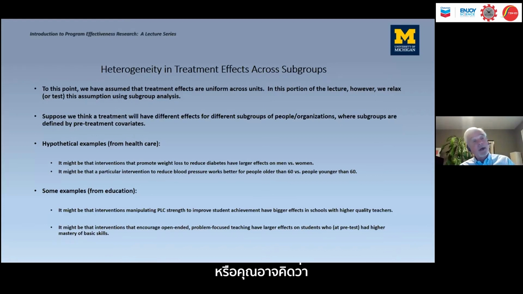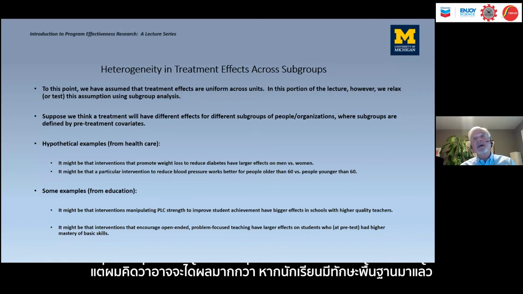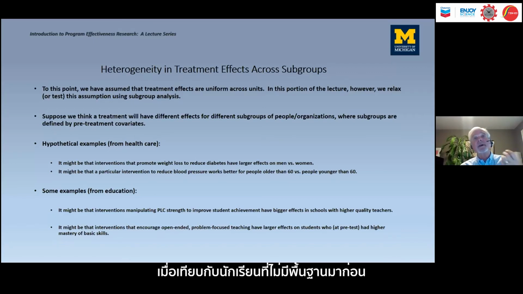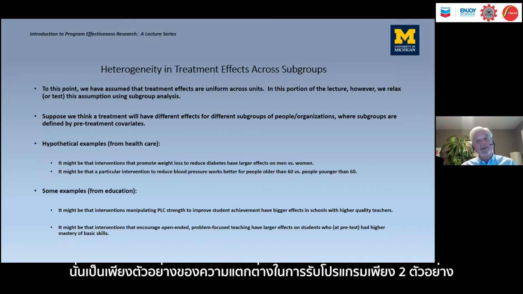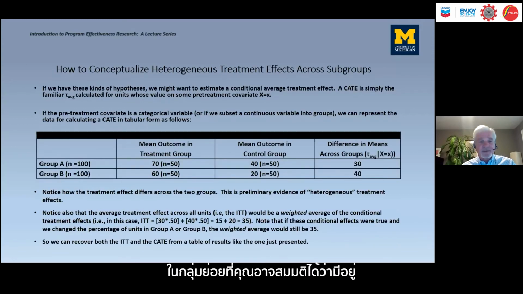Or you might have an intervention that's going to encourage open-ended and problem-focused teaching, but the effect of that might be greater if students have already acquired basic skills as opposed to not having acquired basic skills. These are just examples of treatment heterogeneity across subgroups that you might theorize exist.